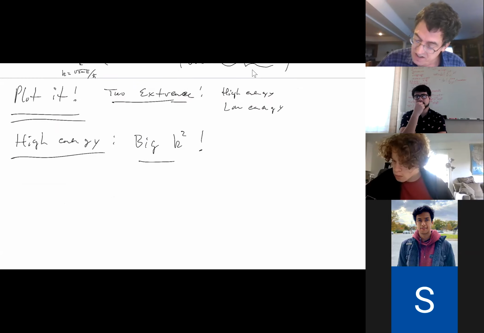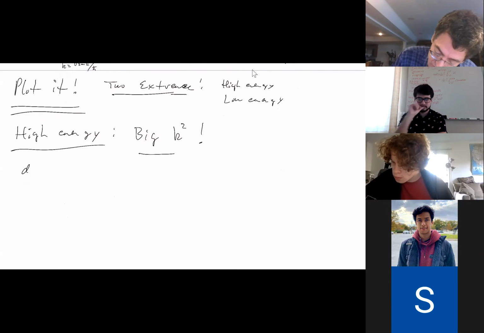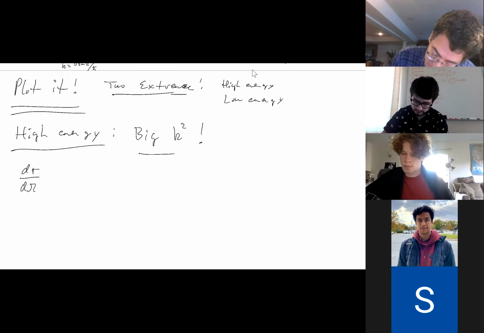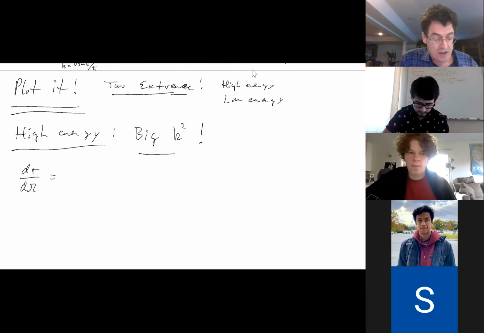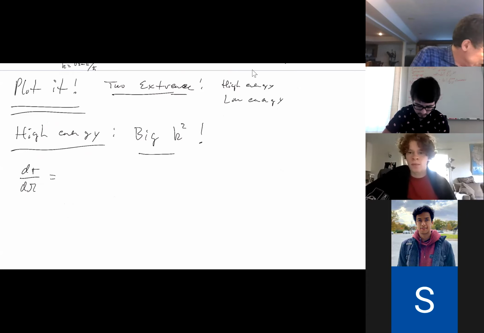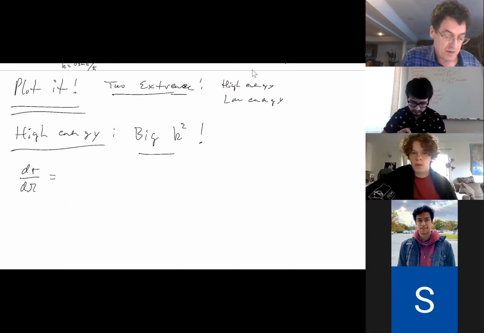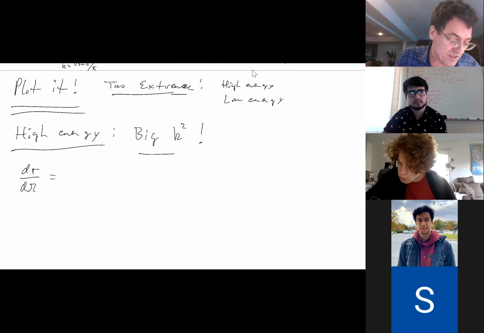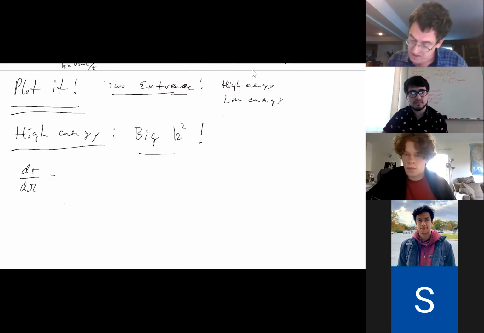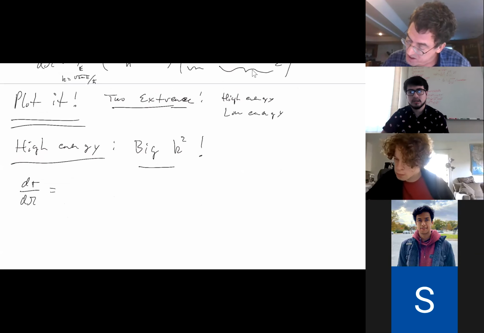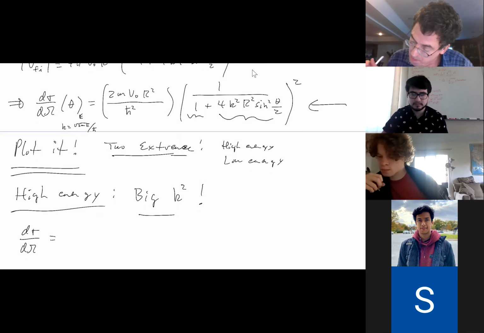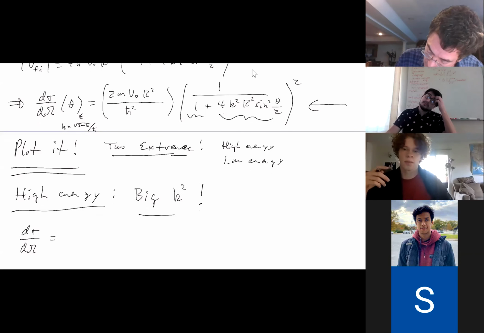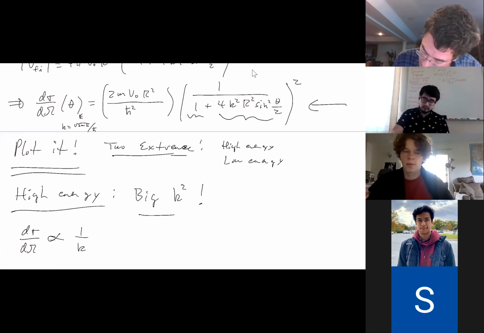So at high energy, my formula reduces to something proportional to 1 over k squared.